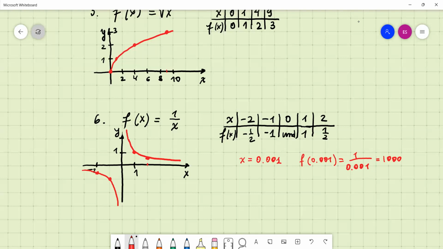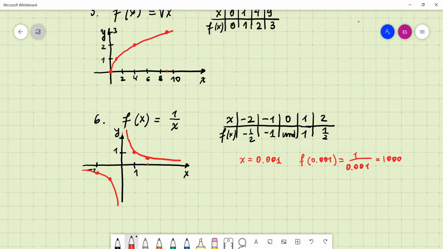And if you're getting closer to 0 on this side, everything is the same, just there is going to be the minus in front of x, which is going to give you a negative number, and that will go to negative infinity. Okay, the function is called hyperbola, and we are going to deal with it a little bit later in more detail. But for right now, you just need to know how it looks.